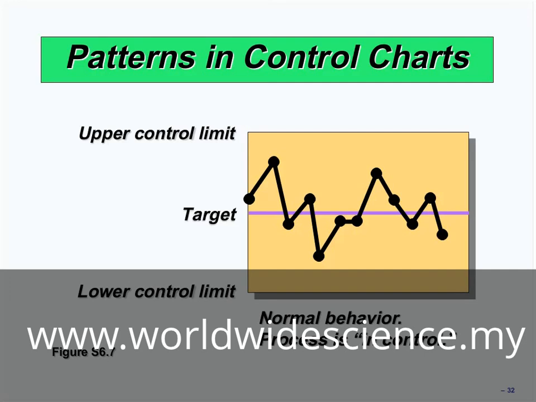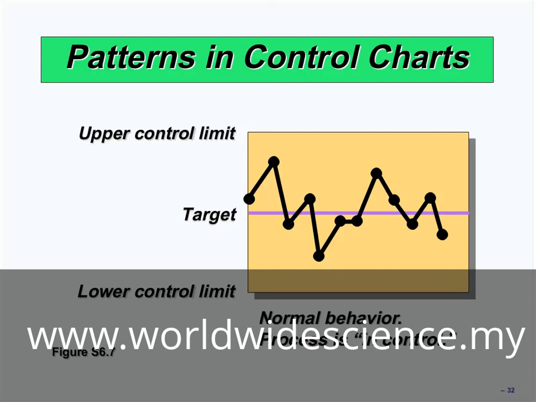But if even one point falls out of the area, you can tell the process is not under control. Okay, now I want to modify a little of my remarks.